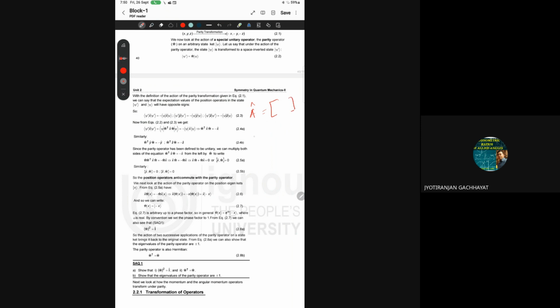A dagger means I will take the transpose and take the complex conjugate of each element. You know transpose, right? Rows into columns, columns into rows. Then I will take the complex conjugate of each element: a plus ib becomes a minus ib. So complex conjugate of each element and then transpose, that is basically your A dagger.